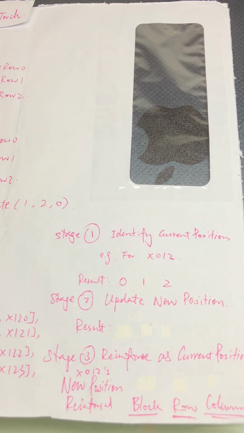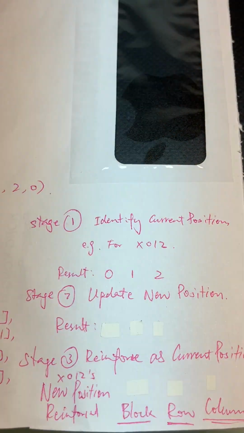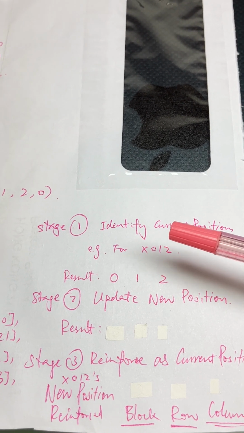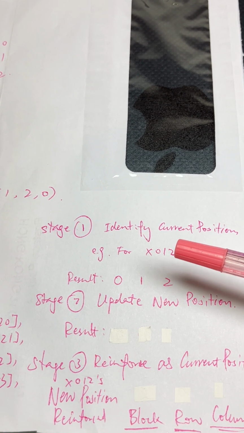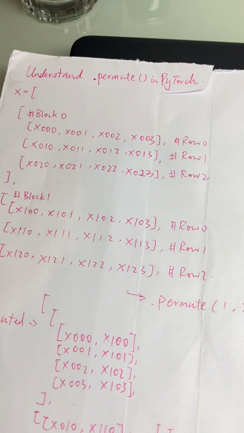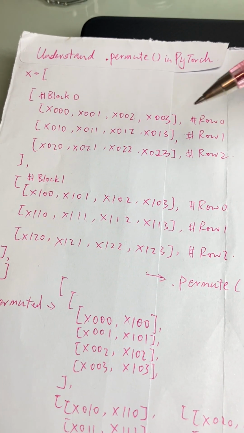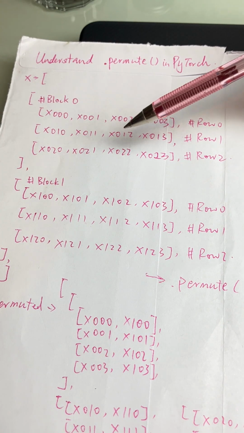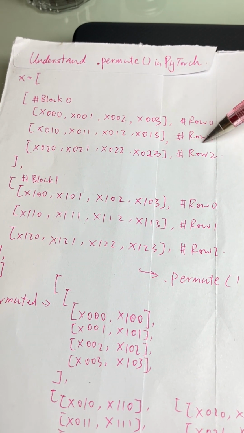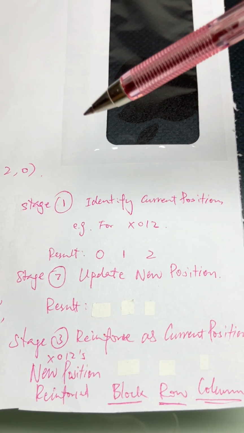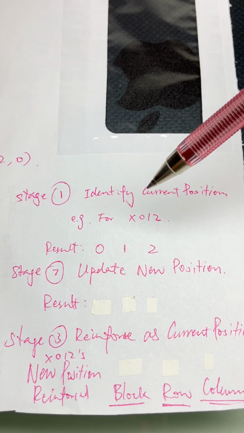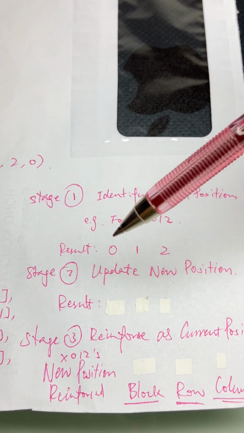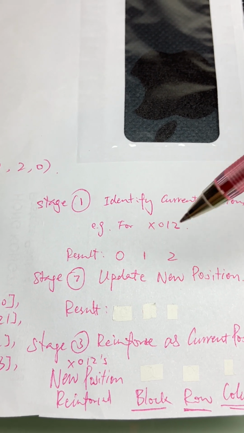For 012, that means block 0, row 1, column 2. Okay, so let's see if that really fits. Block 0, row 1, column 2. Yeah, right. So we have successfully identified its current position: block 0, row 1, column 2.